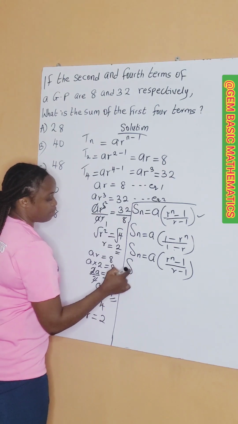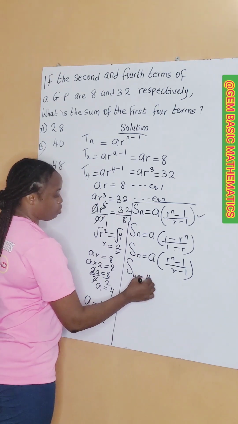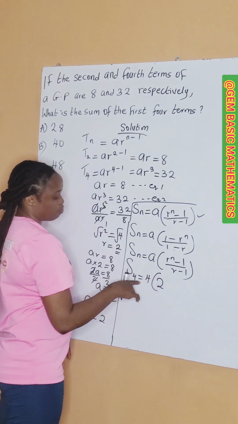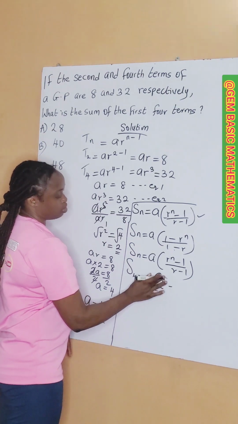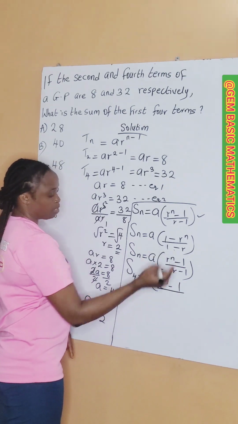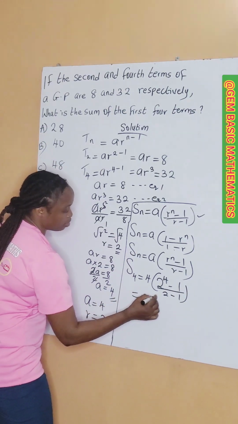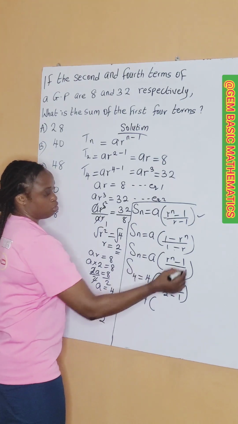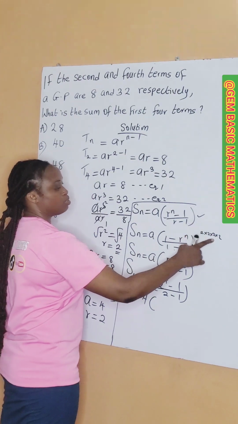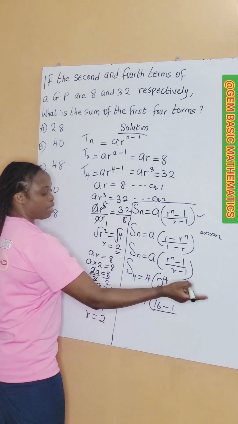So S4 equals, our first term is 4, our r is 2, and n is 4: 4 times (2 to the power of 4 minus 1) over 2 minus 1. 2 to the power of 4 means 2 times 2 times 2 times 2. 2 times 2 is 4, 4 times 2 is 8, 8 times 2 is 16. So we have 16 minus 1 over 2 minus 1.